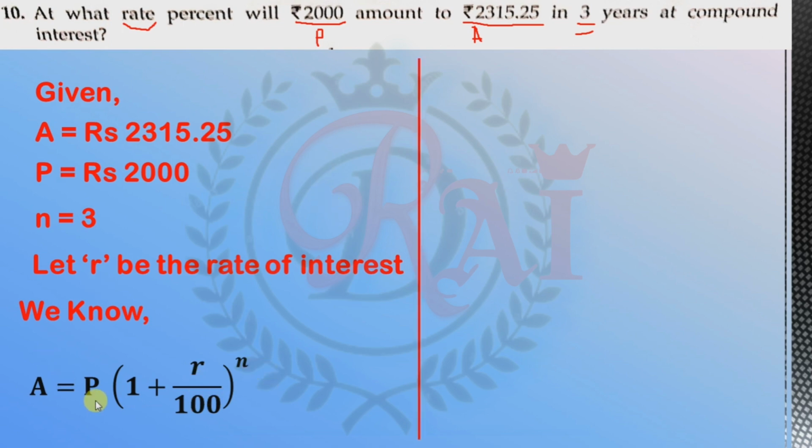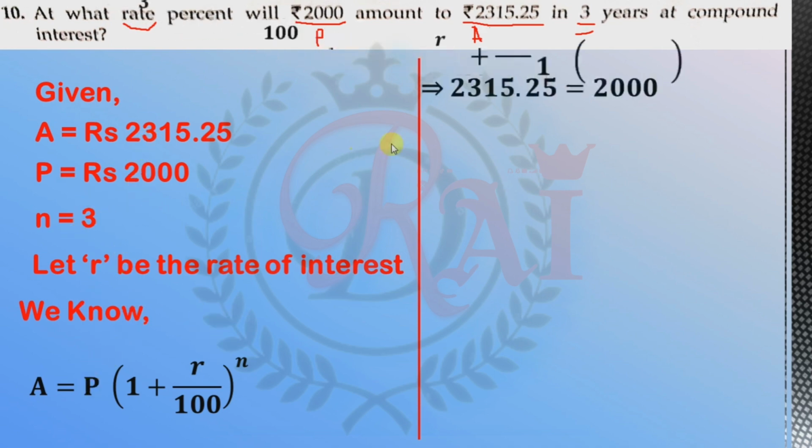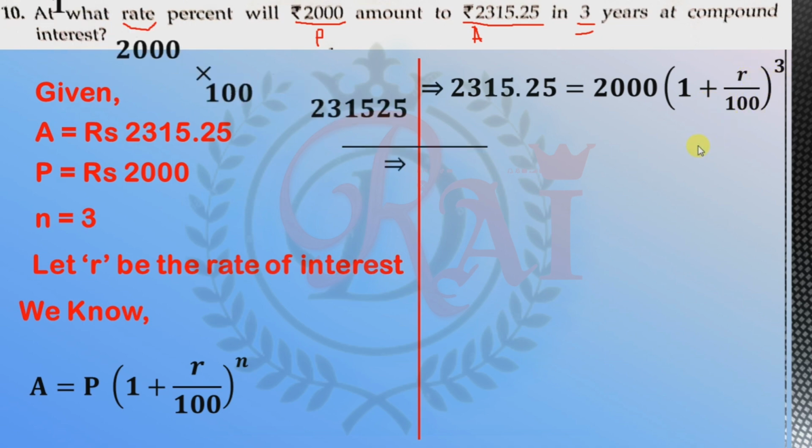So now instead of A I'll write this, instead of P I'll write this, and instead of N I'll write this. So I'll get 2315.25 is equal to 2000, 1 plus R divided by 100, raised to the power 3 or cube.